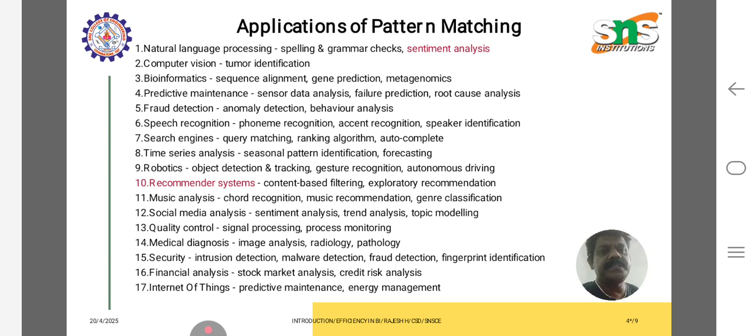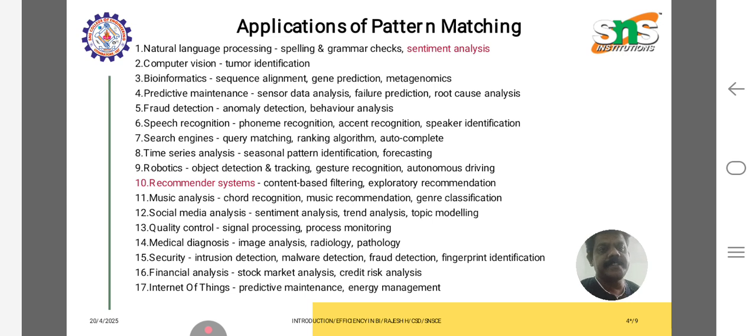Predictive maintenance, in which sensor data analysis, failure prediction, and root cause analysis are utilized. In fraud detection, anomalies can be detected or behavior analysis can be performed. Speech recognition is phoneme recognition, also useful for recognizing accents or identifying speakers. Search engines use query matching, ranking algorithms, and auto completion features.